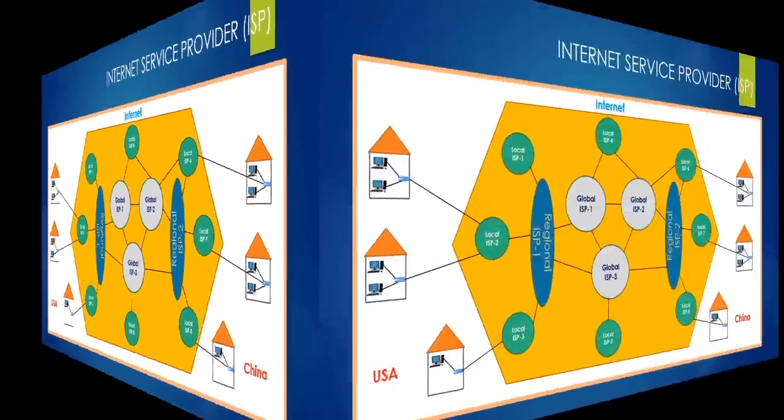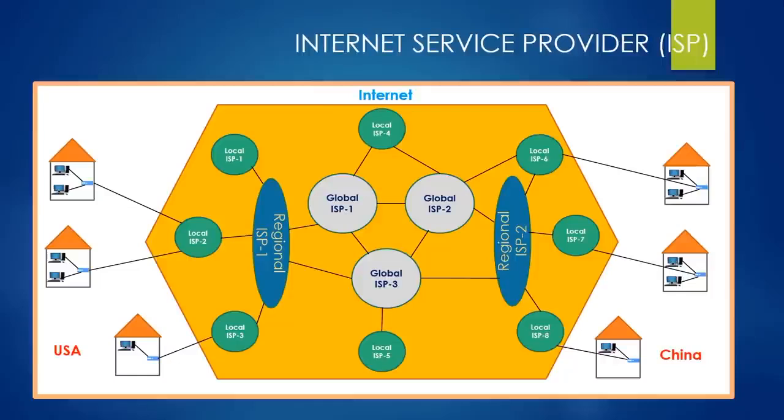Wonderful. Now, let's suppose that this computer and this computer want to communicate with each other. By the way, these two homes are located in the USA, but they are in different cities. As a result, they are connected to different local ISPs. This is obvious. So, in this situation, how will this local ISP communicate with this local ISP? Let's see.